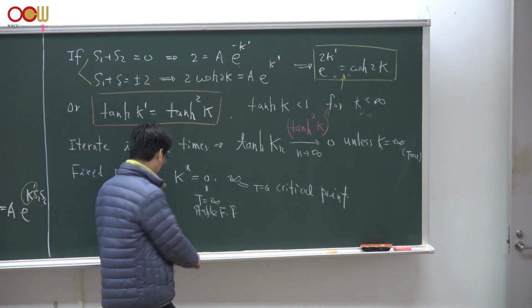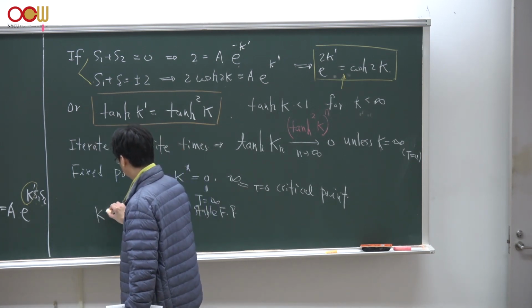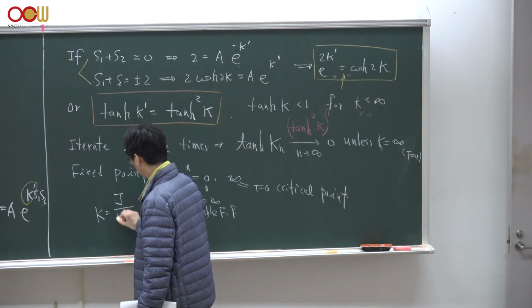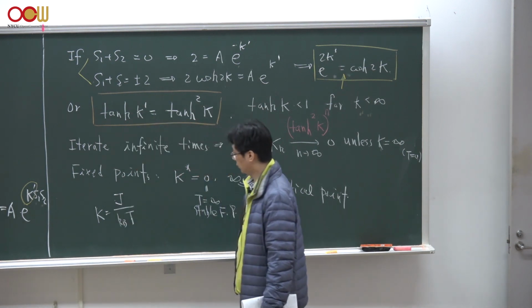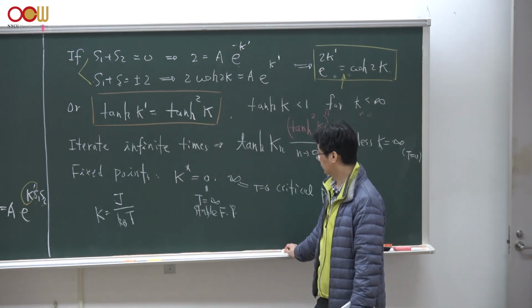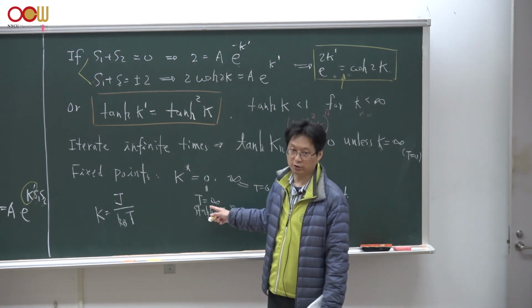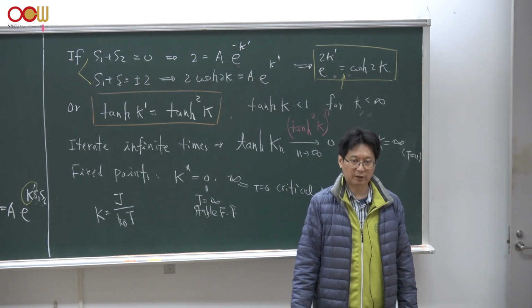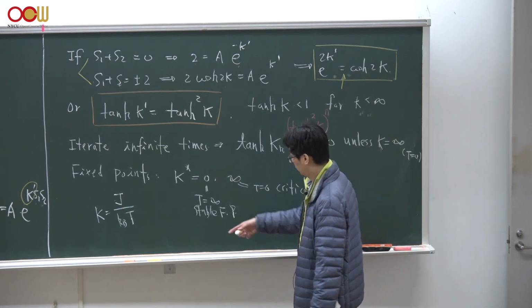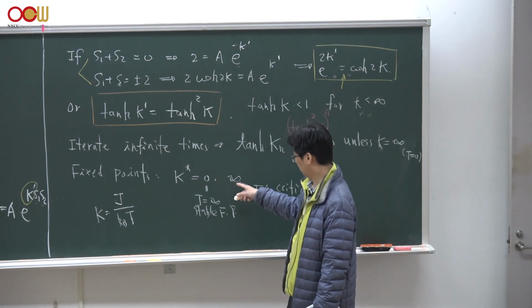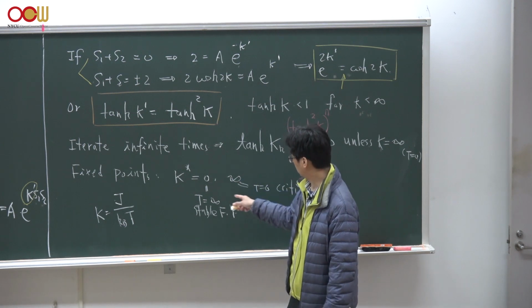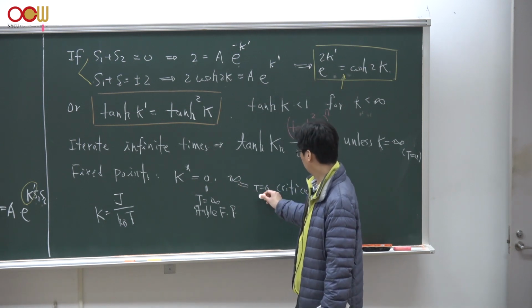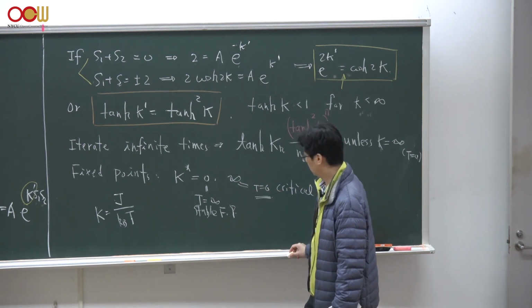And we know that this K refers to the Ising coupling J divided by kBT. So when K star is 0, it means that the temperature becomes infinity, right? And this is the stable paramagnetic fixed point, which is trivial. And the non-trivial fixed point occurs when K star is infinity, where the temperature is 0.